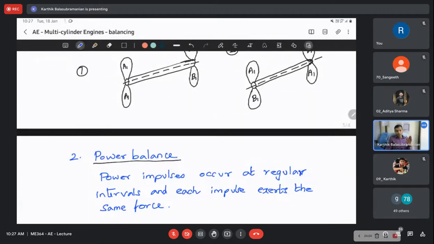So if power impulses occur at regular intervals and each impulse exerts the same force, then you can say that there is power balance in an engine. Now, is that clear? What is power balance?